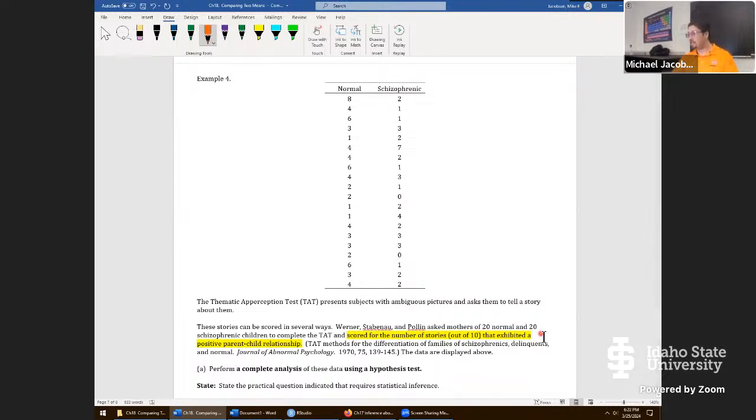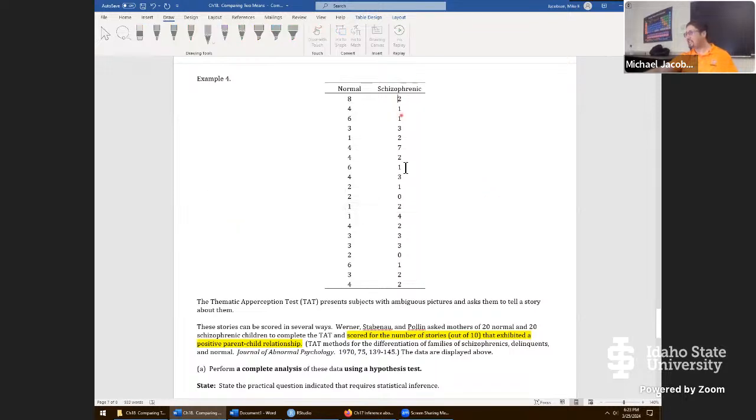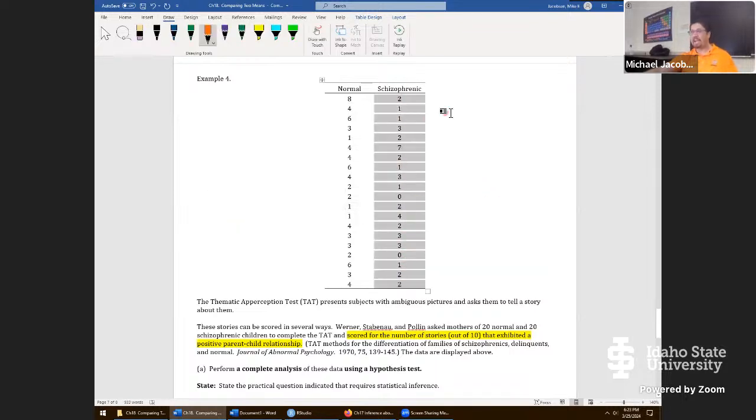They had to be very specific about what they meant by that, but that's what the TAT score is going to mean in this case. Now, looking at the data, it looks like there are higher values for the normal children. When they took the TAT test, they had higher scores on, let's read that again, positive parent-child relationship. So this child is probably really happy. This child is upset, you can almost imagine. But it's not necessarily saying all of these children hate their parents.